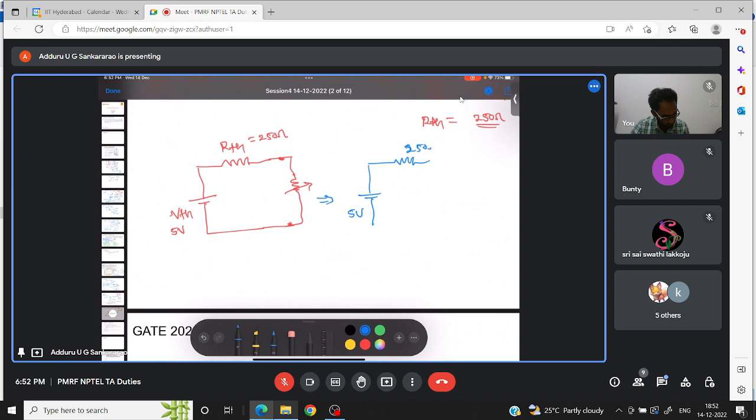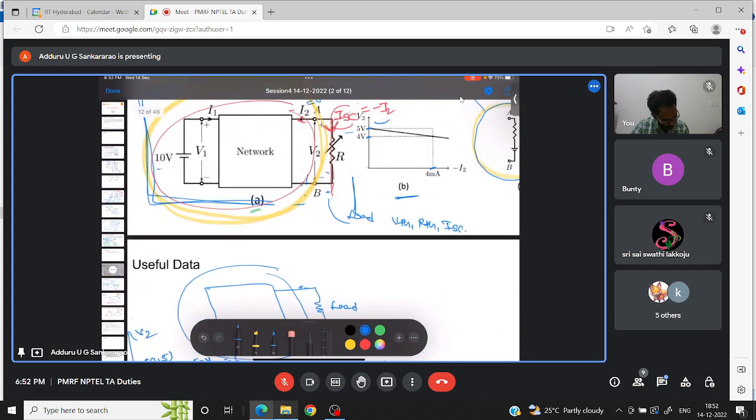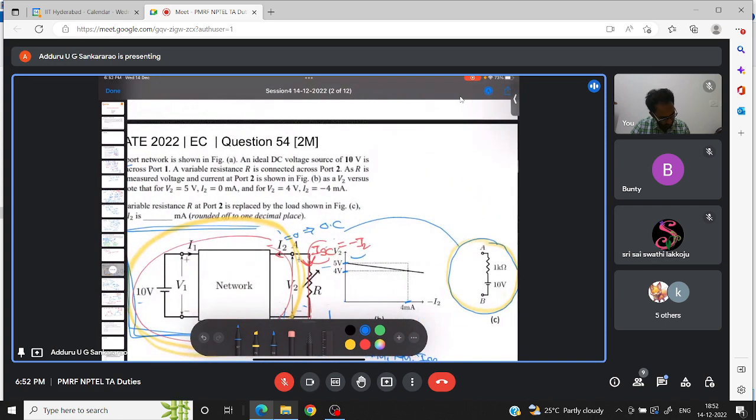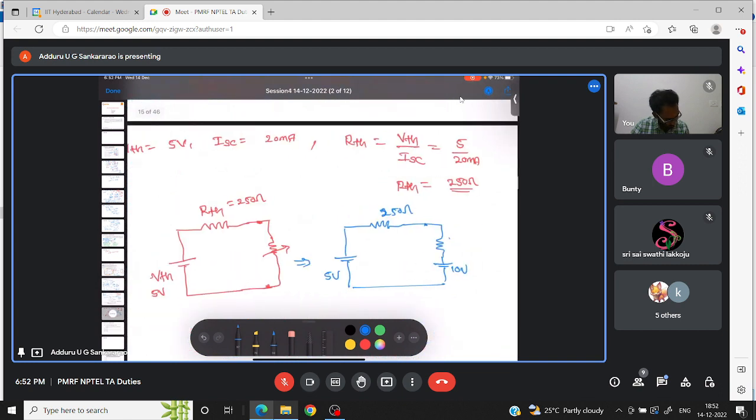At the load I am replacing with 10 volts and 1 kilo ohm.